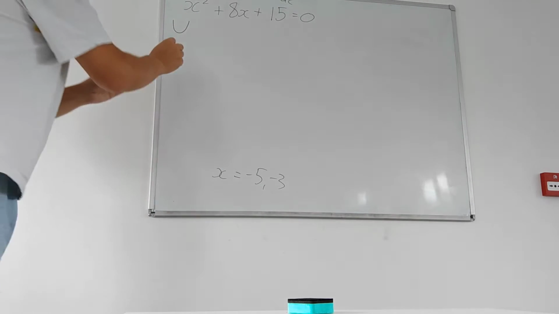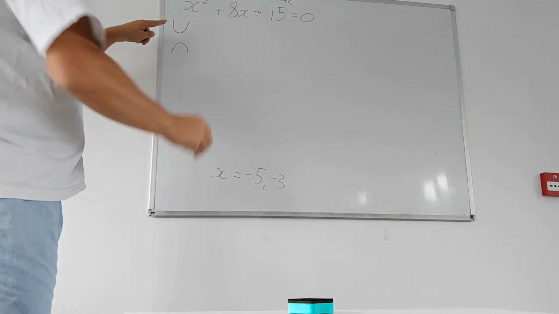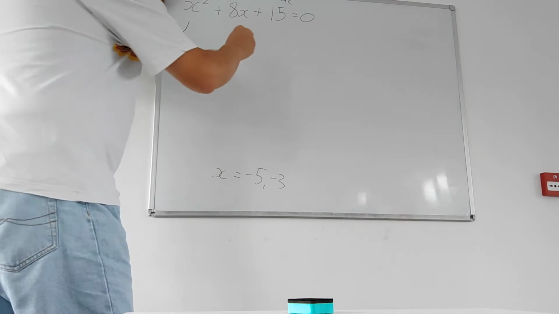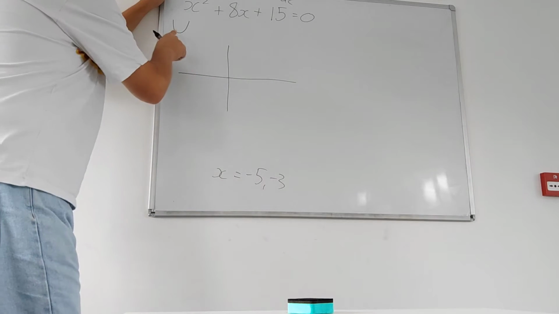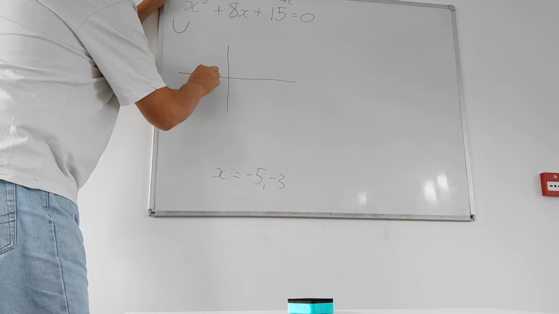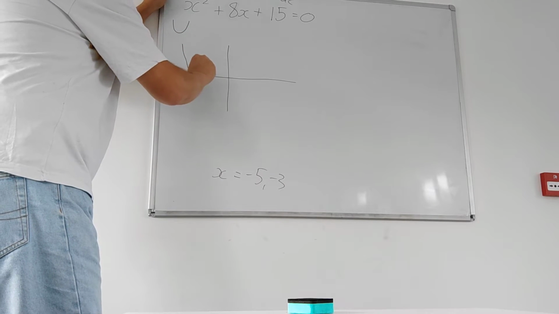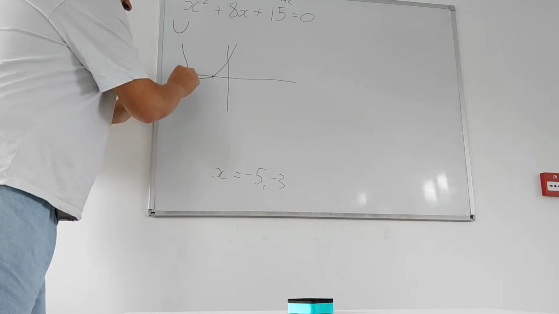A negative x squared would be a peak-shaped graph. So we know we're dealing with that. And what do these tell us? They tell us that the U part of the graph crosses at negative 5 and negative 3. And that's your sketch. That's what they tell us.